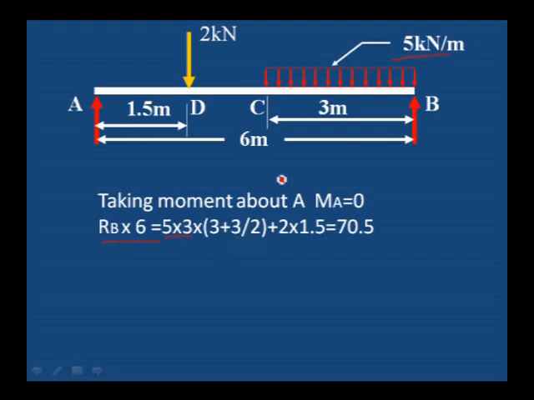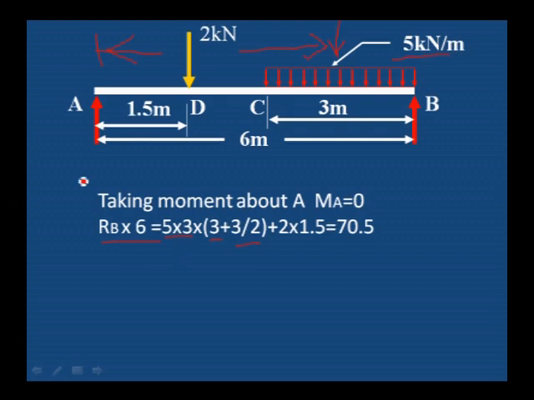This load will act at the center of the 3 meter, that is 1.5 meter from C or 1.5 meter from B. The distance from A to the center of CB is from A to C, 3 meter, plus 3 divided by 2.